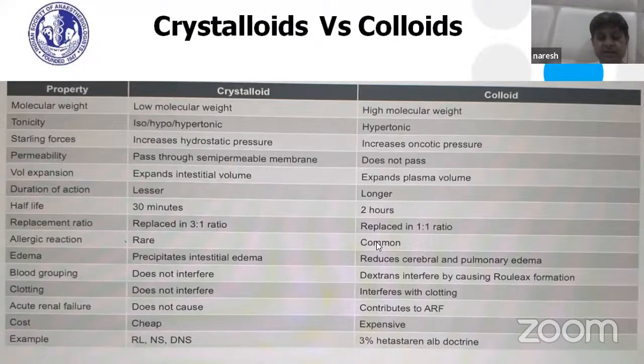As I told, gelatins fell out of interest because of their severe allergic reactions. We have even seen anaphylaxis with Hemaxel, which I think was the first colloid introduced into practice. They reduce cerebral edema and pulmonary edema, and dextrans interfere with coagulation parameters and clotting.